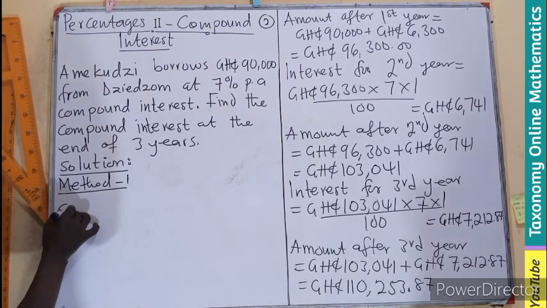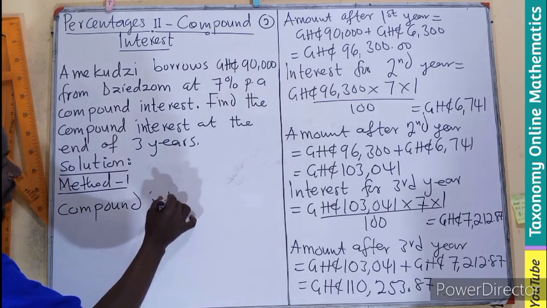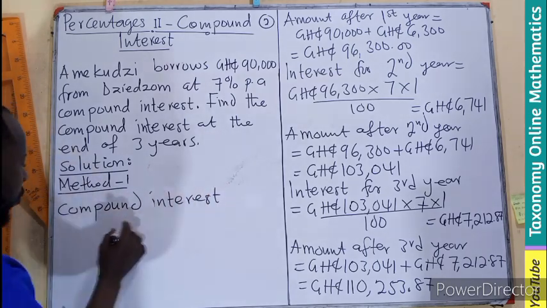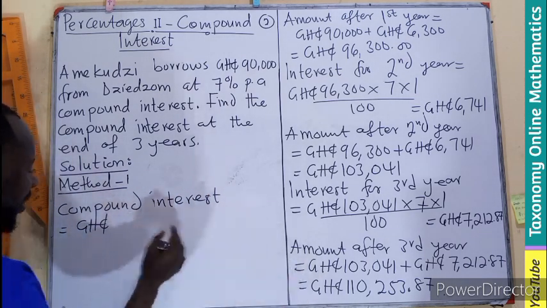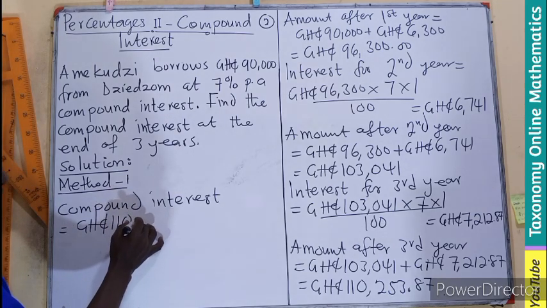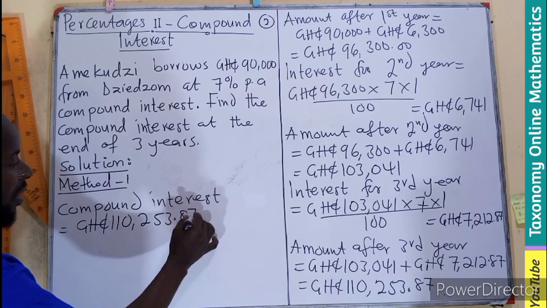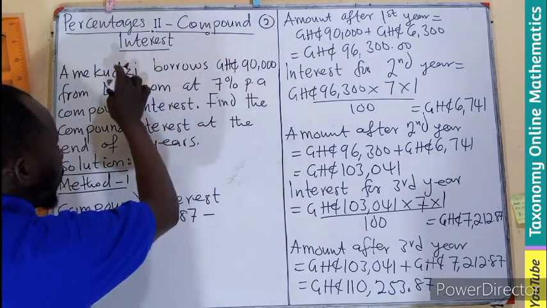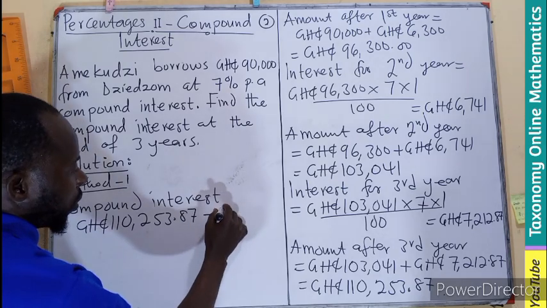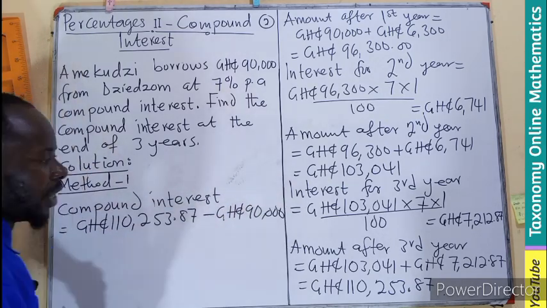So we can say that the compound interest will be equals to the money we have at the end, 110,253.87 minus the money we started with, which is what Amekuji took, 90,000 from Jejon.